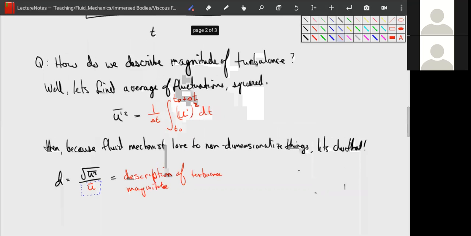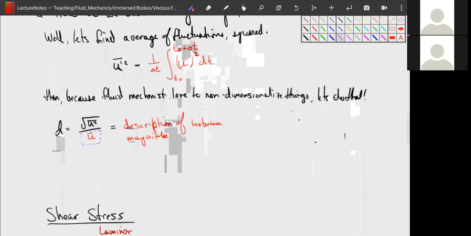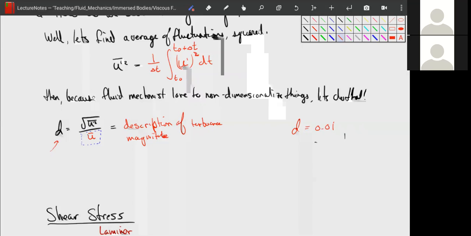We have the root mean squared deviations divided by the average velocity, so we're normalizing it by the strength of the average velocity. And it turns out that in our lives, by the way, this is a capital cursive I. I don't know how many people know that. I don't even remember how to write it now. Yeah, there we go. So capital I is equal to 0.01, and that's good.